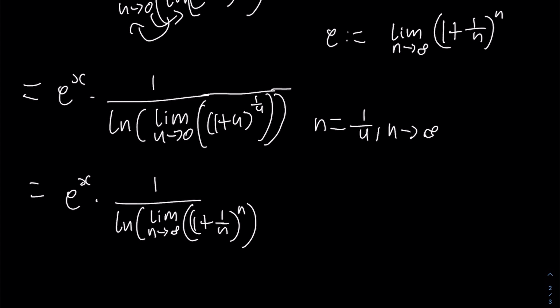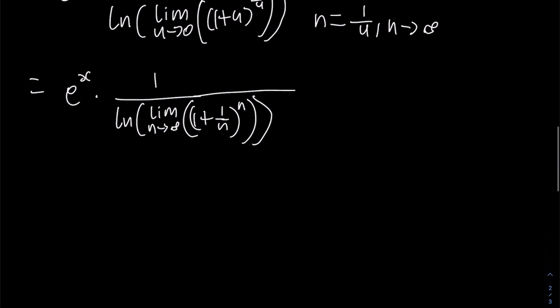And 1 plus 1 over n to the n, as n goes to infinity, is exactly our definition of e. This limit right here is the alternate definition for e as well, because by performing this substitution, seeing that 1 over 0 does approach infinity, we see that these limits are equivalent. So this limit right here is e.